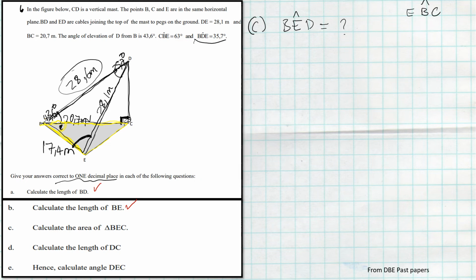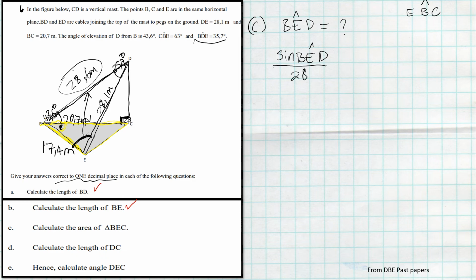Okay, so I need to calculate angle BED. So to calculate angle BED, I can use the sine rule, right? We can use the sine rule to say sine of angle BED, and its corresponding side is over what?